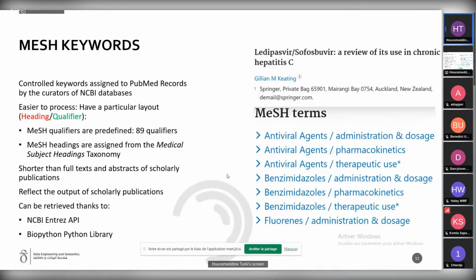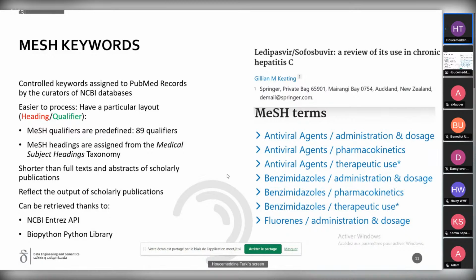For the purpose of our project, we are mainly working on the MeSH keywords. The MeSH keywords, for example, are controlled keywords assigned to PubMed records by the curators of NCBI databases. They are easier to process. They have a particular layout, heading, and qualifiers. The qualifiers are predefined; we have 89 qualifiers.